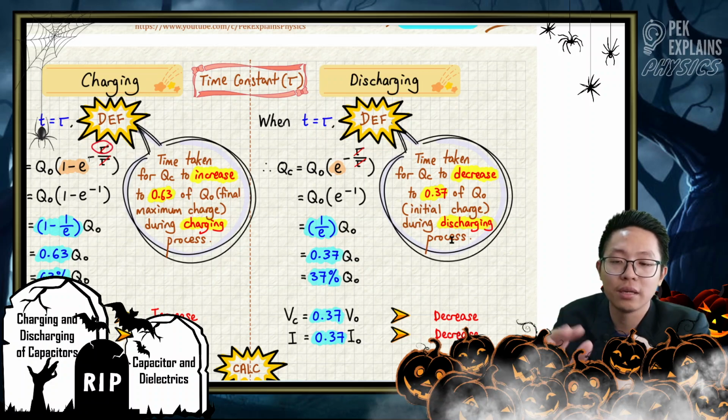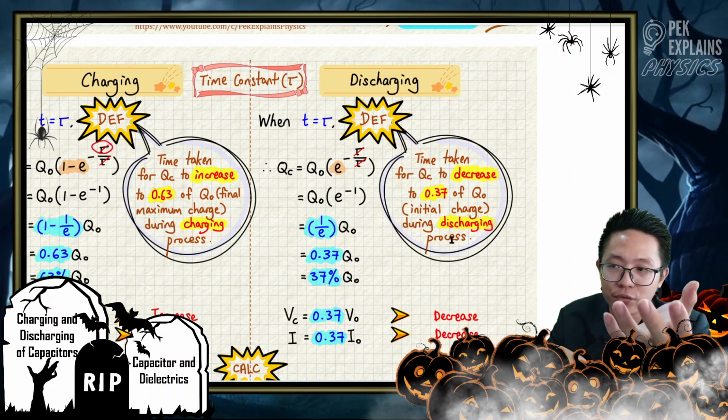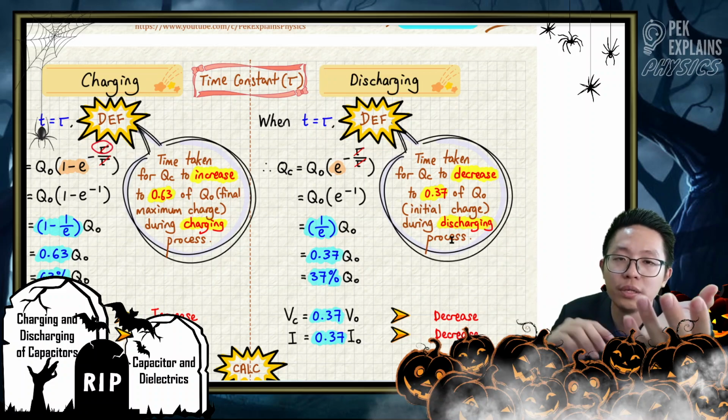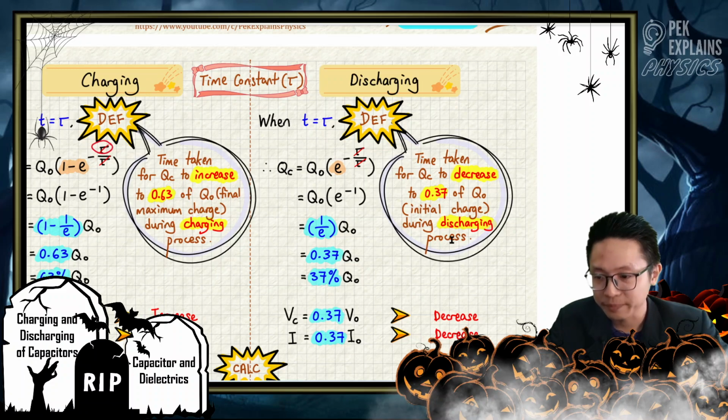How long does it take for your handphone to be used, you calling, play games? How long does it take for your handphone to discharge to only 37% of battery left? That's the time constant. Okay?